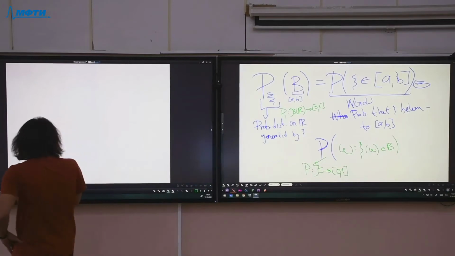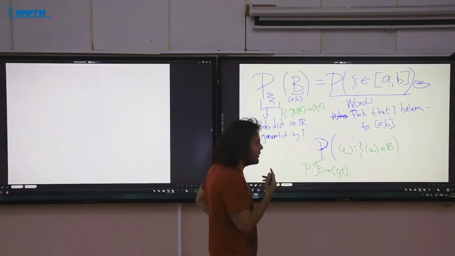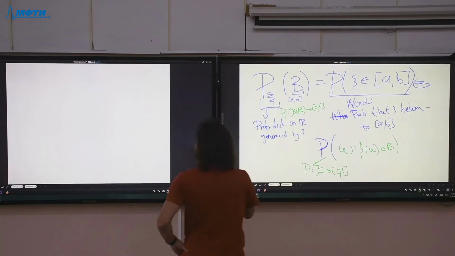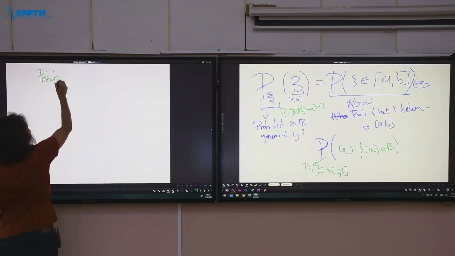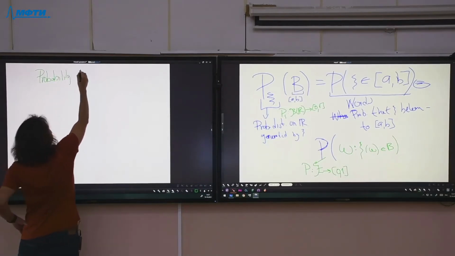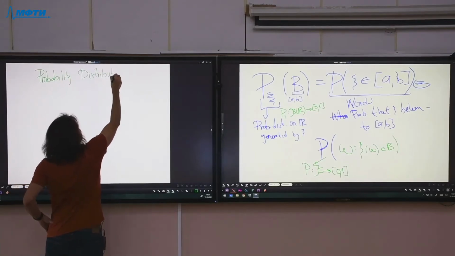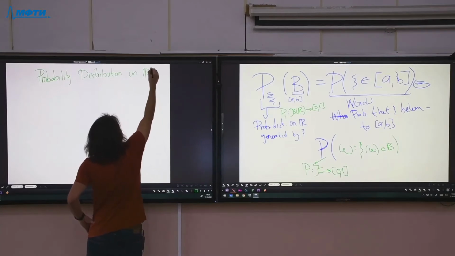So now what do we have to do? We have been talking about the probability distribution on R, right? Now let's talk about the probability distribution on Rn, right? So probability distribution on the space.